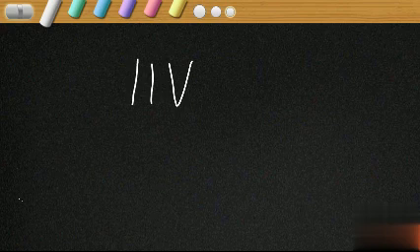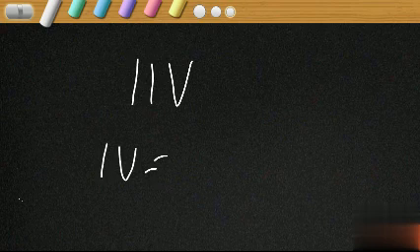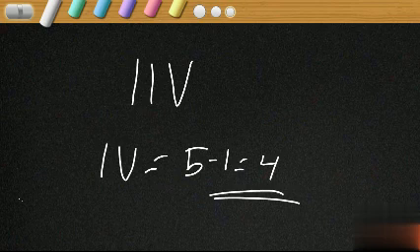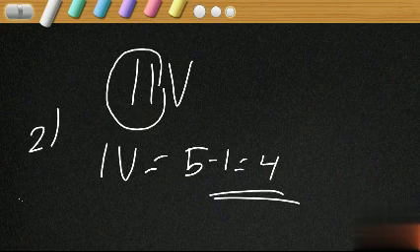Then one more thing is there in this rule. This subtraction can be done only once. That is also there in the rule. In the new bracket we have to write that also. This subtraction can be done only once. That means we can't write IIV. We know IV means V minus I, that is 5 minus 1 equals 4. But IIV means here smaller numerals are written 2 times on the left of the greater numeral.